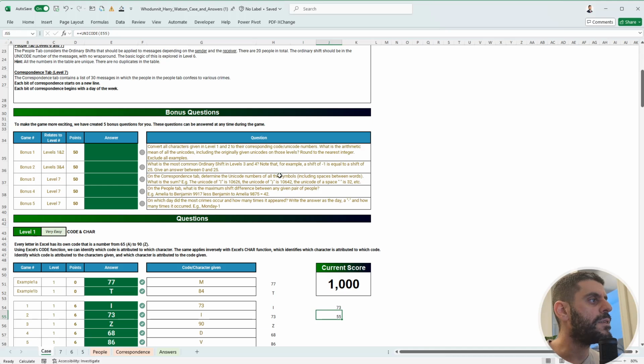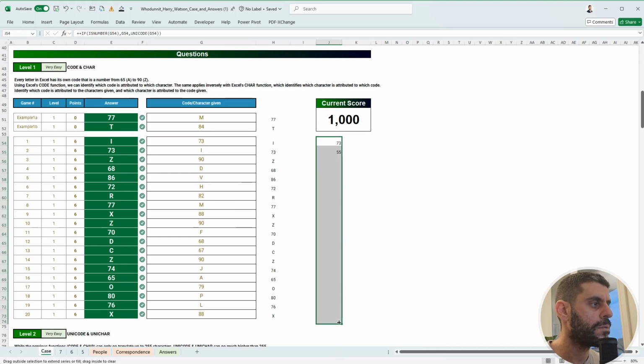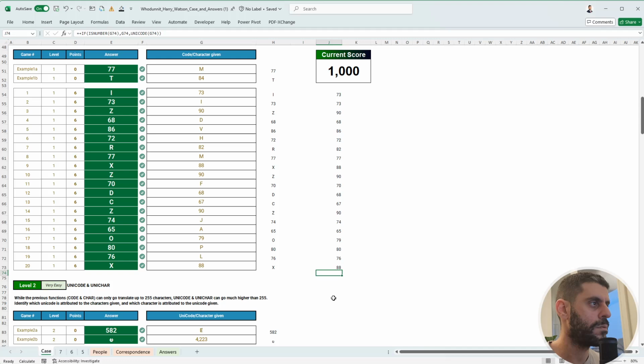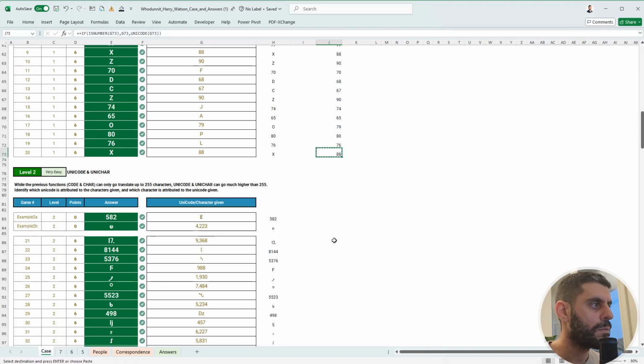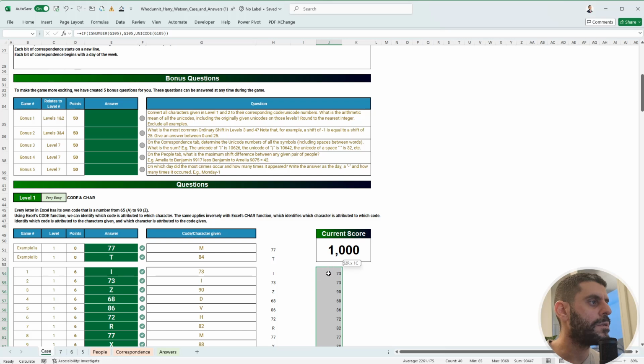All characters given. And the average is 2261.